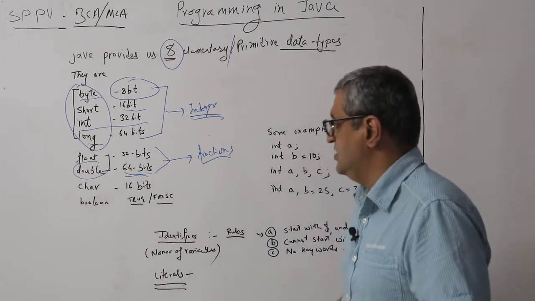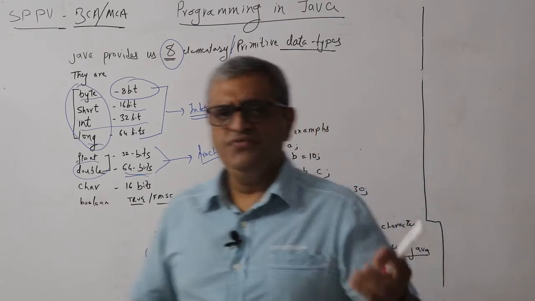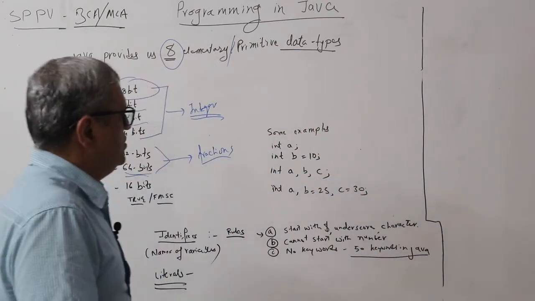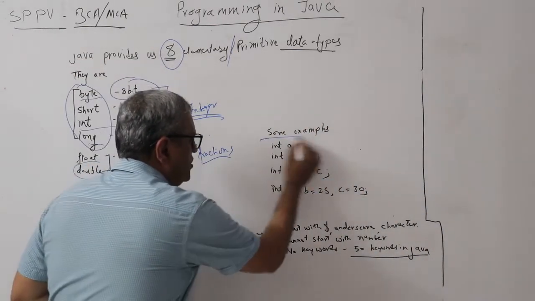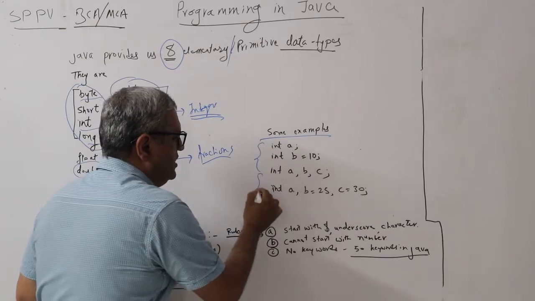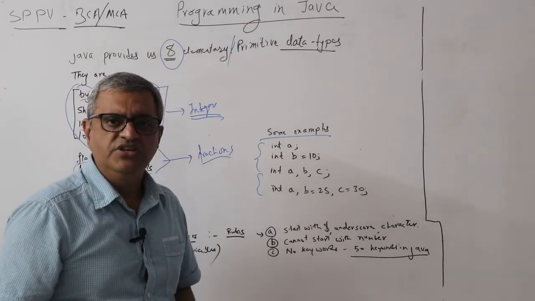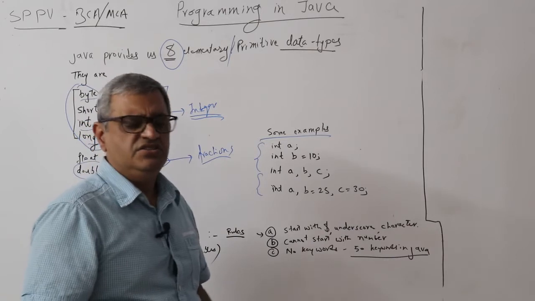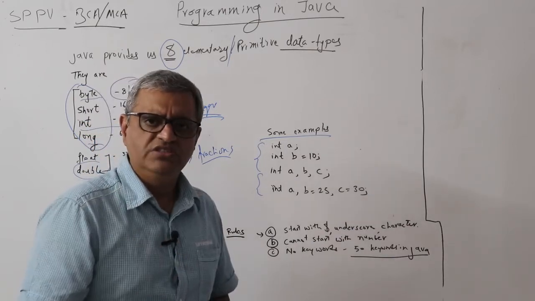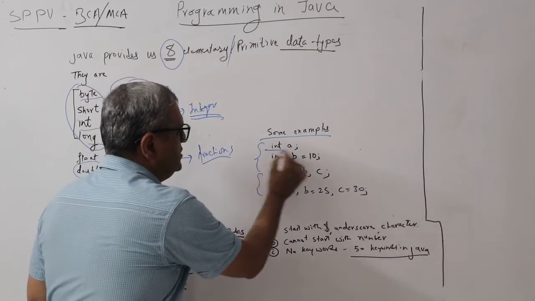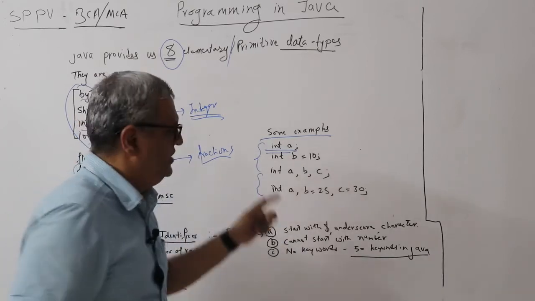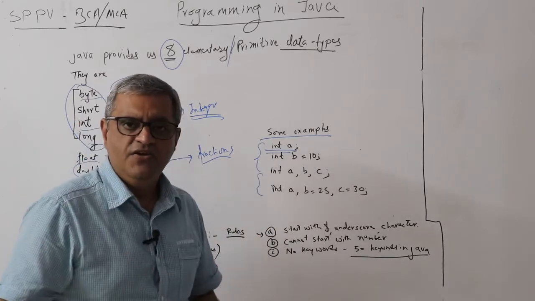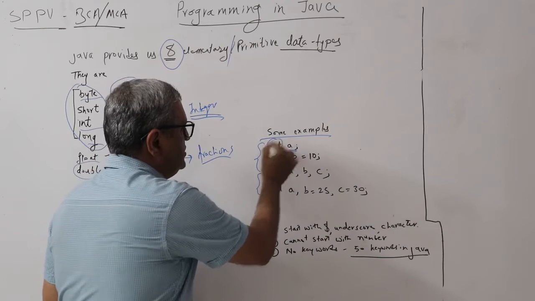If I have to give you a few examples within Java code, your declaration of variables would be very similar to what C is. I can straight away use int a, where a is my variable and int is the type.